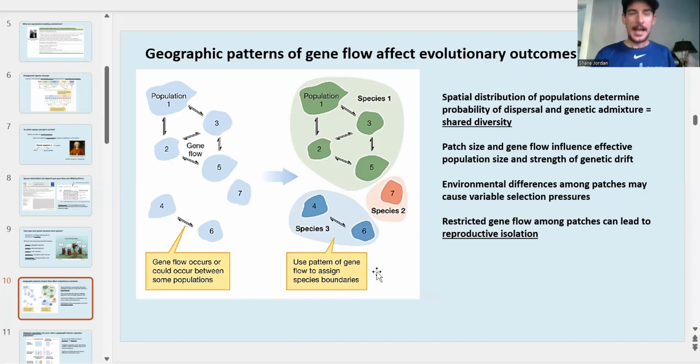Yet again, how does this play out in the evolutionary game? Well, as it turns out, the size of the different patches, or the size of the different habitat areas that these populations occupy, and the amount of gene flow between them really influences their effective population size, and it really influences the effective genetic drift.